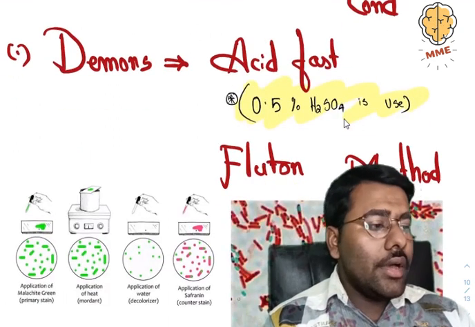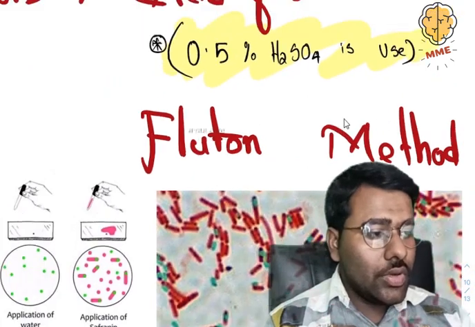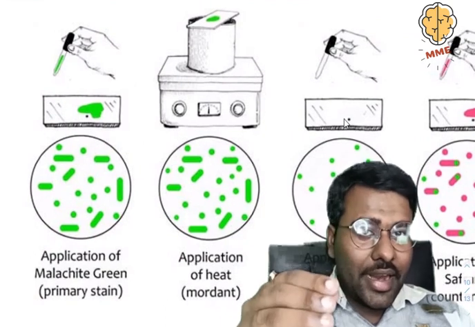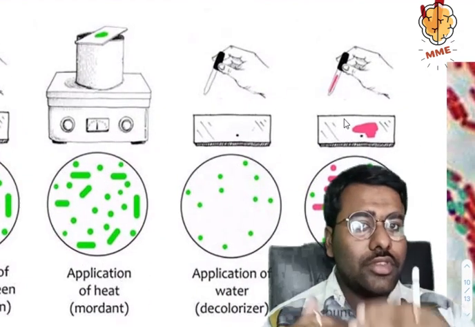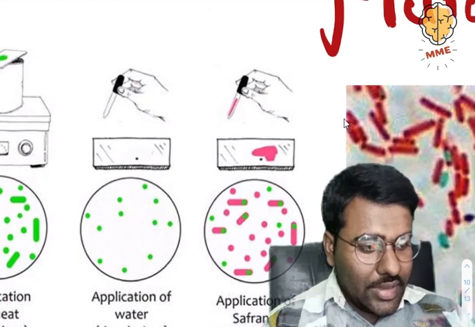And coming to the method, which is the most interesting method, this is the Schaeffer-Fulton method. In the Fulton method, firstly I use the malachite green. It stains both the spore and the bacteria, then some heat, and after that we use decolorization with water.